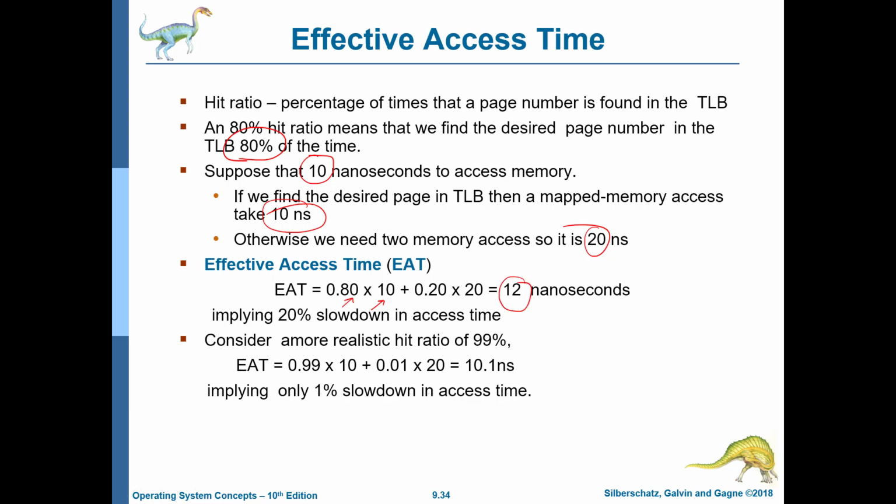If we consider a more realistic hit ratio of 99%, then it will be 0.99 times 10 plus 0.01 times 20, where 20 is the time we are assuming it takes to access the page table. And that will take 10.1 nanoseconds.